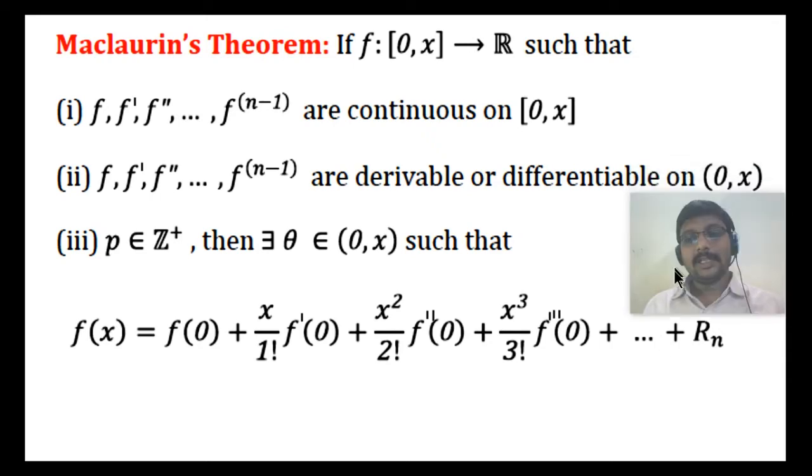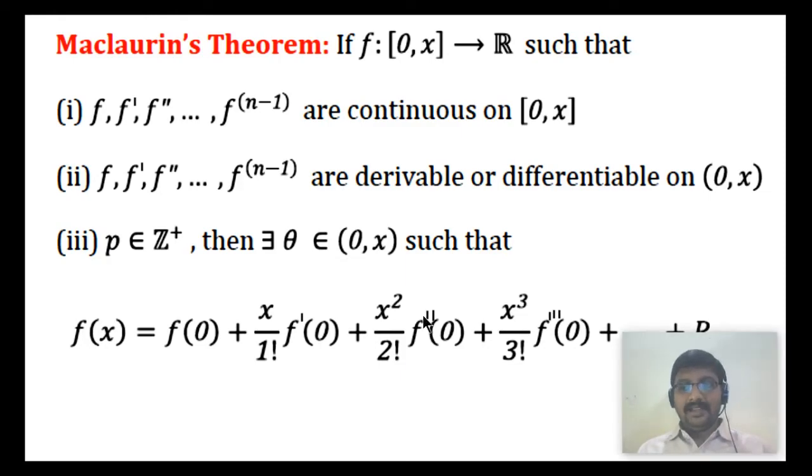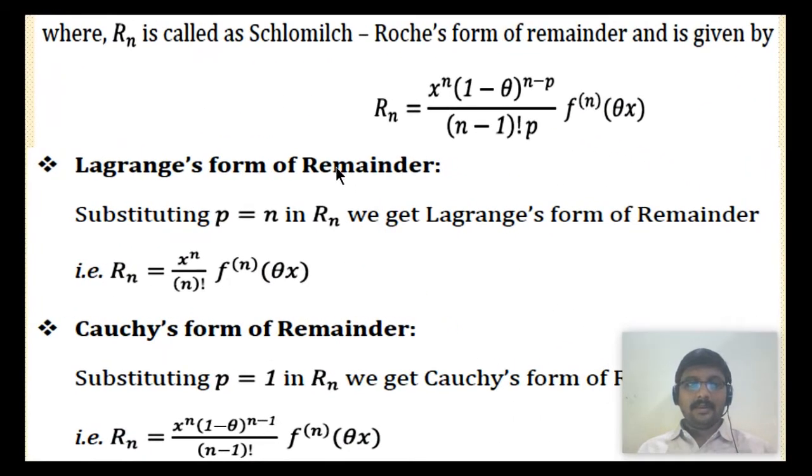Here also we have three forms of remainder, that is Maclaurin's form of remainder, Lagrange's form of remainder and Cauchy's form of remainder. Maclaurin's form of remainder is Rn equal to x power n into (1 minus theta) whole to the power of n minus p into f nth derivative at the point theta x, whole upon (n minus 1) factorial into p. This is called Schlömilch-Roche's form of remainder.